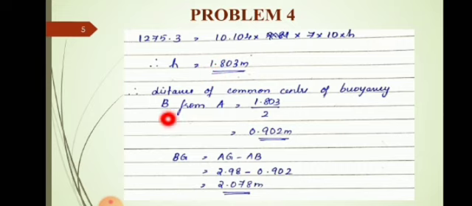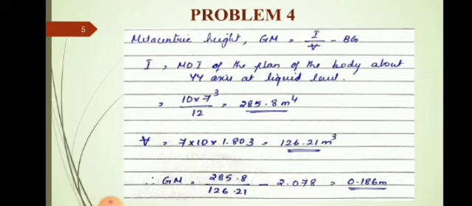So the distance of the center of buoyancy from the base point A will be 1.803 by 2, that is 0.902 meters. Now find BG, because we want to substitute this BG in the metacentric height equation. BG is equal to AG minus AB. AG is 2.98 meters, which we have already got, and AB is 0.902 meters, which we have just got. So BG will be equal to 2.078 meters.